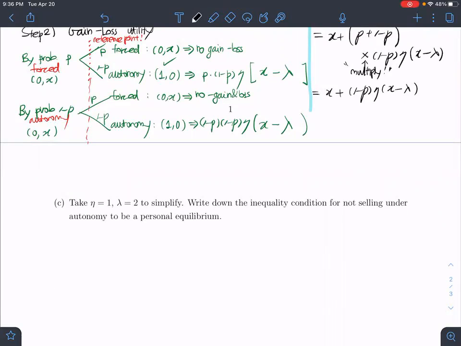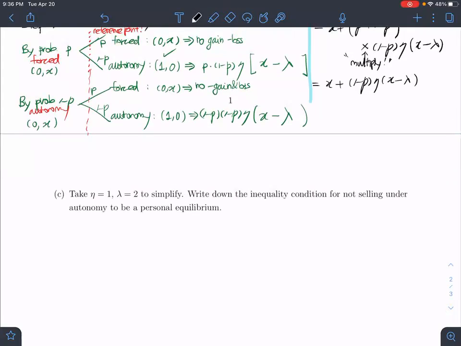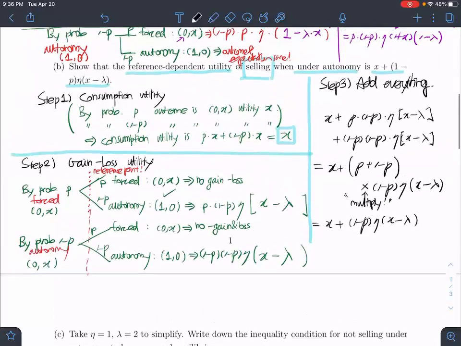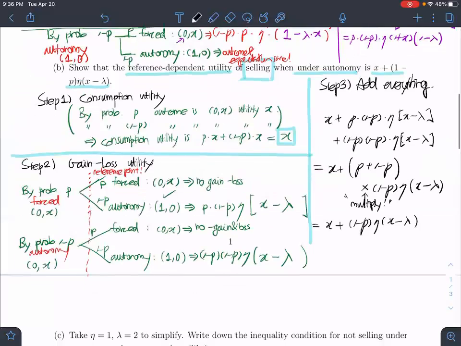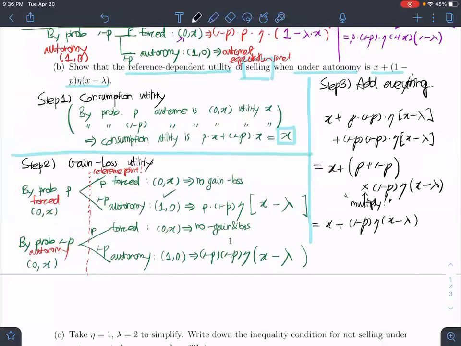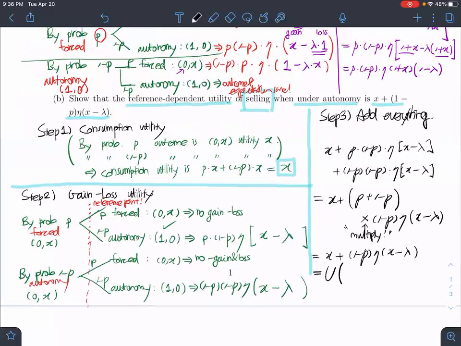So take eta equals to 1 and lambda equals to 2 to simplify. Write down the inequality condition for not selling under autonomy to be a personal equilibrium. If I go back to question B, this one was utility of selling under autonomy bar.